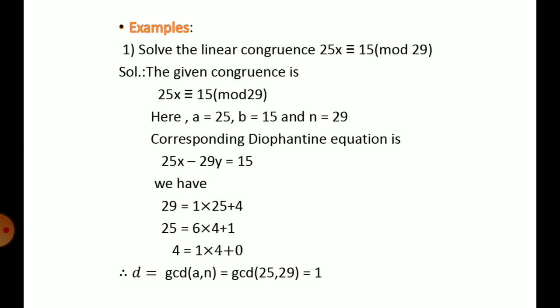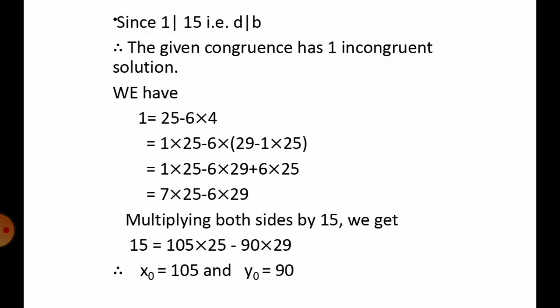At first we shall write the value of 1 from the last equation, and then we shall put the value of this 4 as 29 minus 1 into 25. Therefore it can be written as 1 into 25 minus 6 into 29 plus 6 into 25, and simplifying, we get 7 into 25 minus 6 into 29.